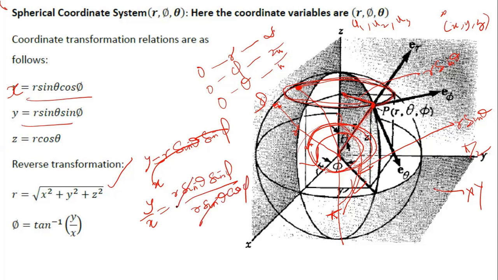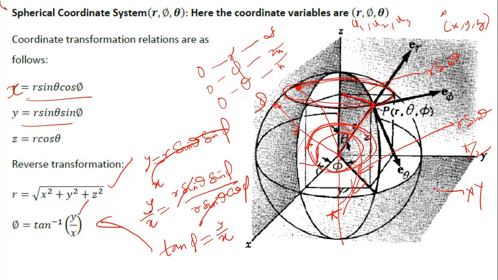This and this will cancel out, then you will get tan phi equal to y upon x, and then you can write your phi coordinate variable in terms of the coordinate variables of your Cartesian system, y and x. That is the transformation relation between phi and the xyz coordinate system.